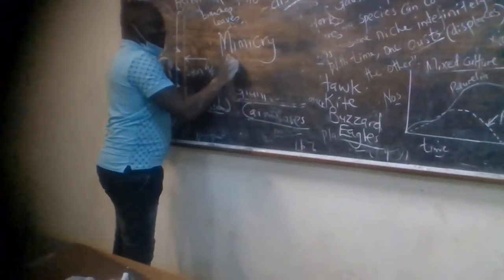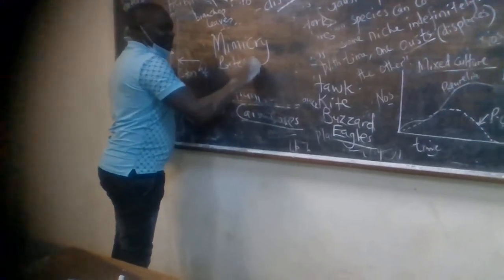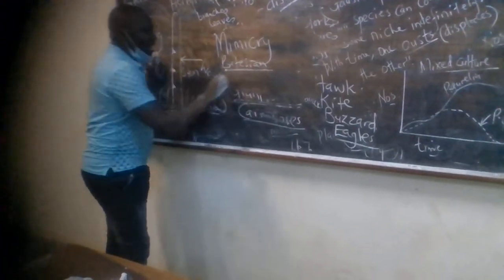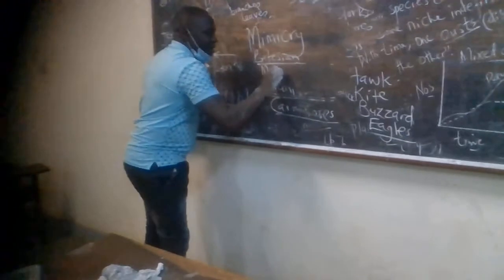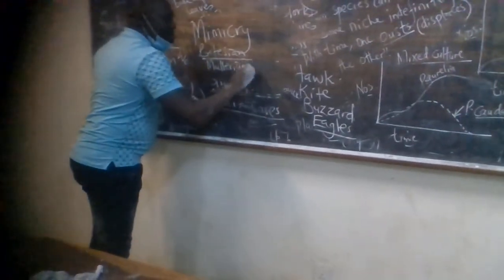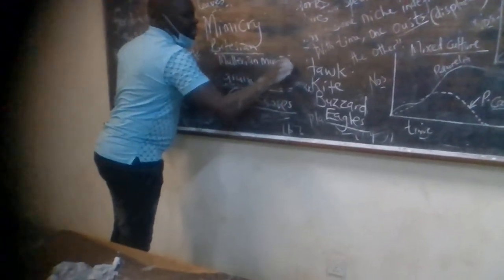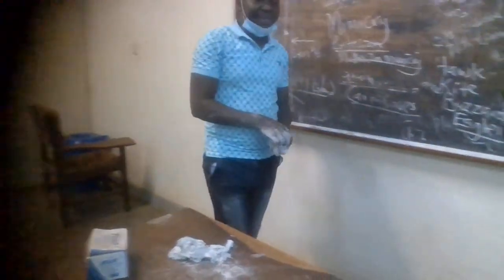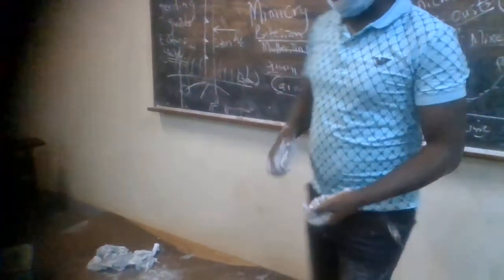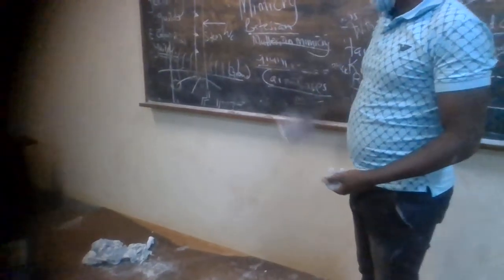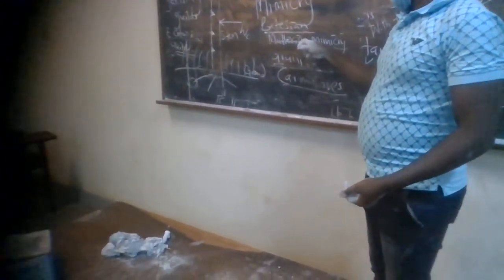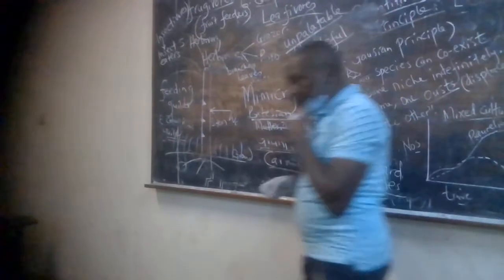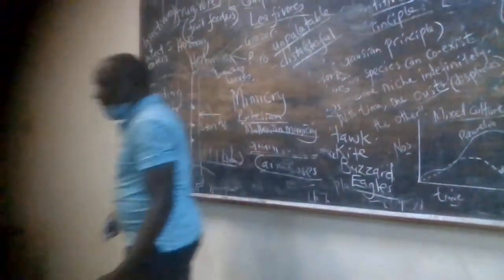We have two types, Batesian mimicry and Mullerian mimicry. Please also read about them and make some notes about them for your own benefit. Batesian mimicry and Mullerian what? Mimicry.